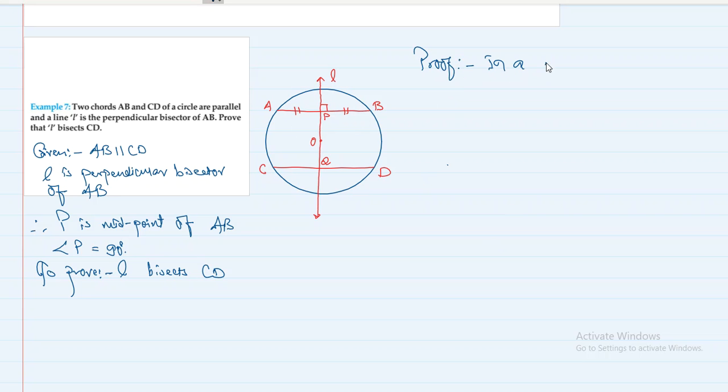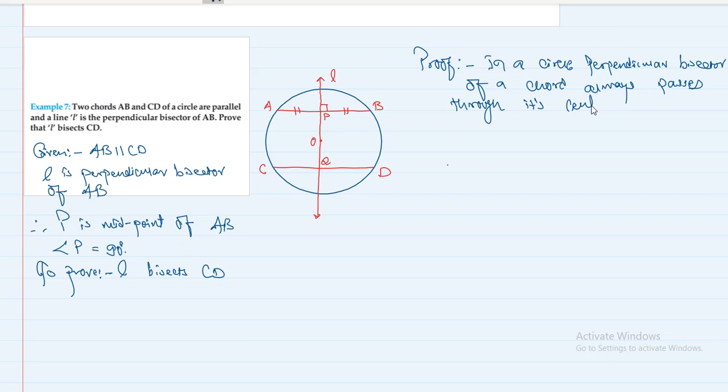In a circle, perpendicular bisector, this is a theorem, okay? Perpendicular bisector of a chord always passes through its center.